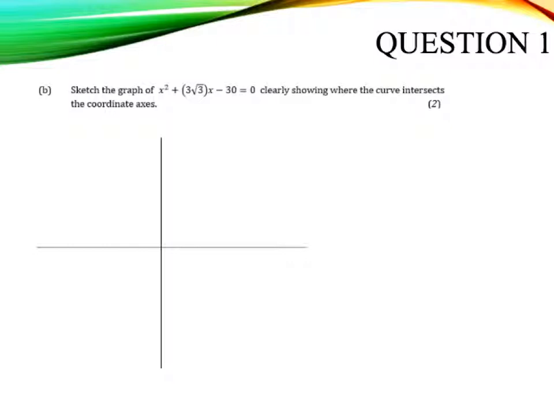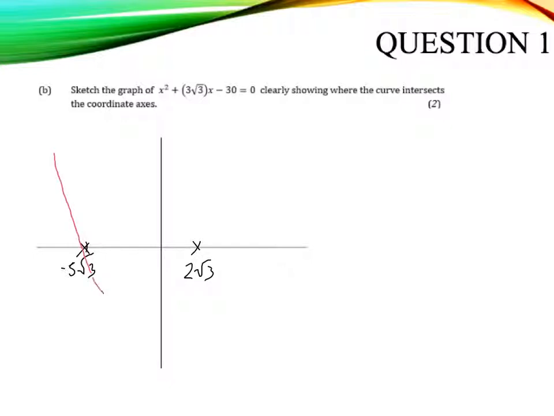So minus 5 root 3 is going to be somewhere over here. Let's just make a little mark of it and label it minus 5 root 3. And somewhere over this side we're going to have 2 root 3. And the curve is going to come through these 2 points.